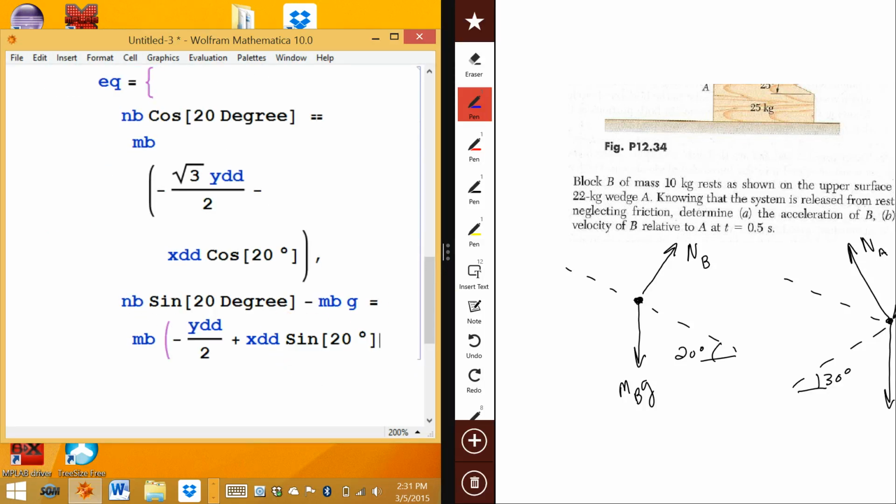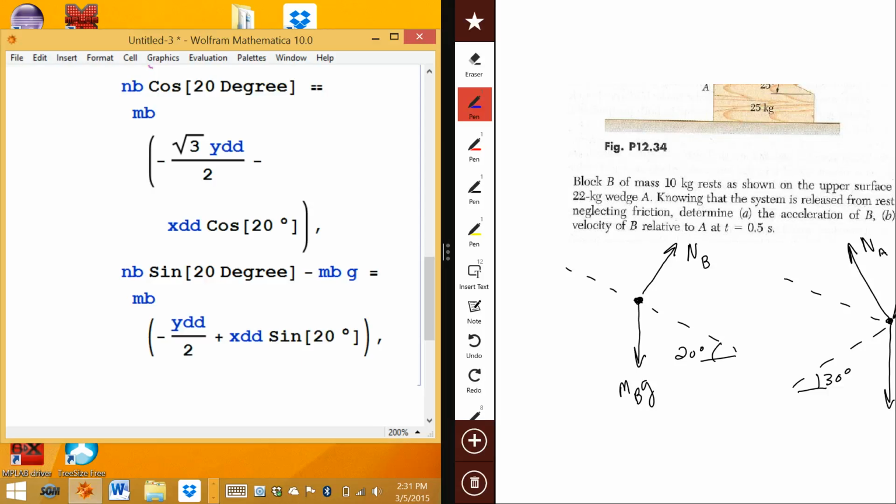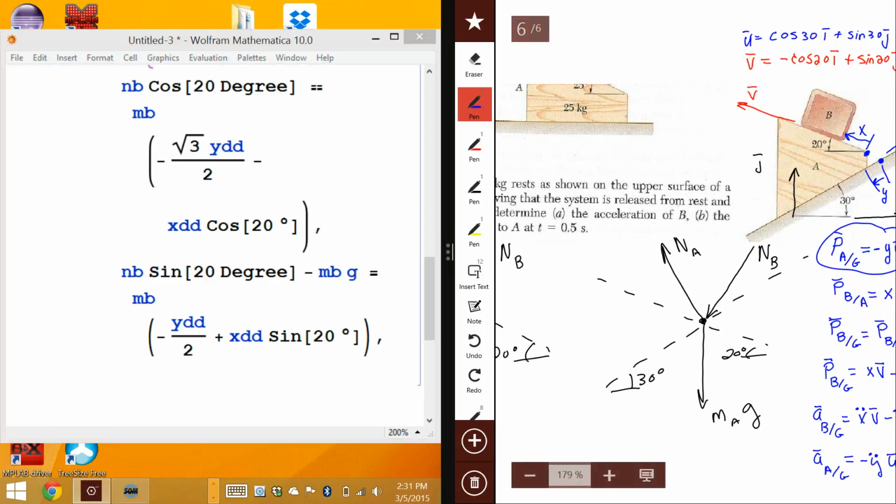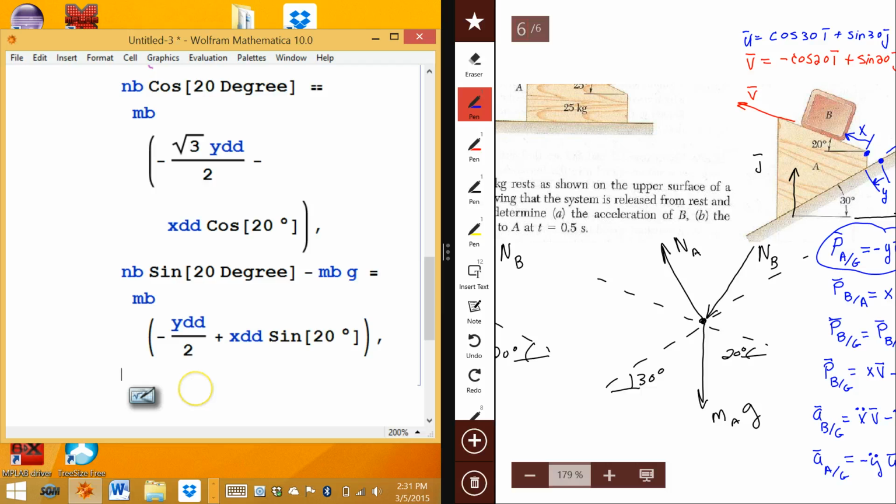Copy and paste. The other equation is from this free body.